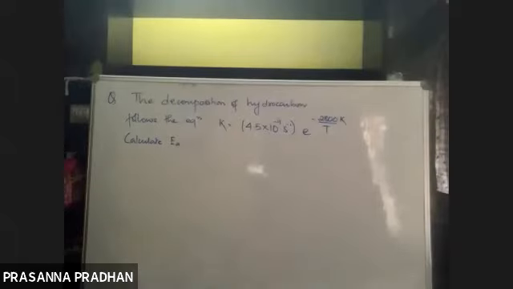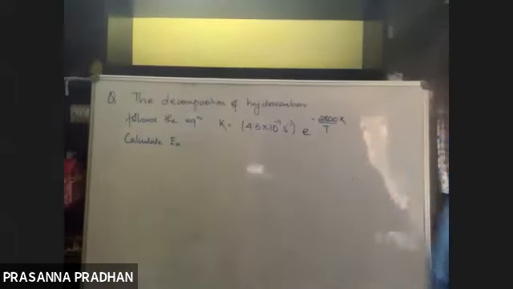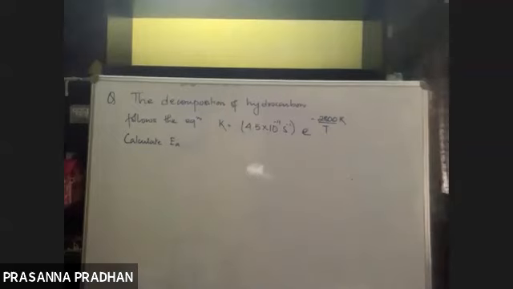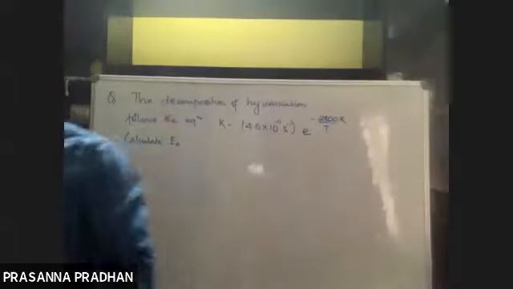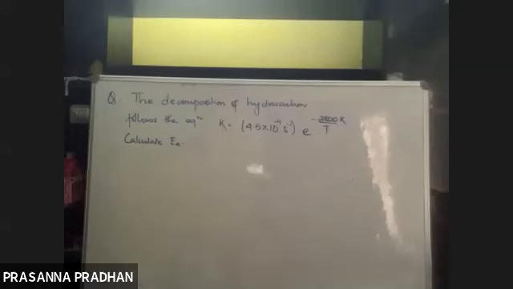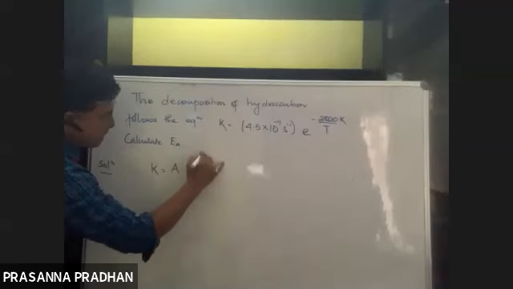Now tell me, this equation is similar to which form of Arrhenius equation? A into e to the power minus EA by RT. Yes, exactly. So this equation has been expressed in this form of Arrhenius equation.